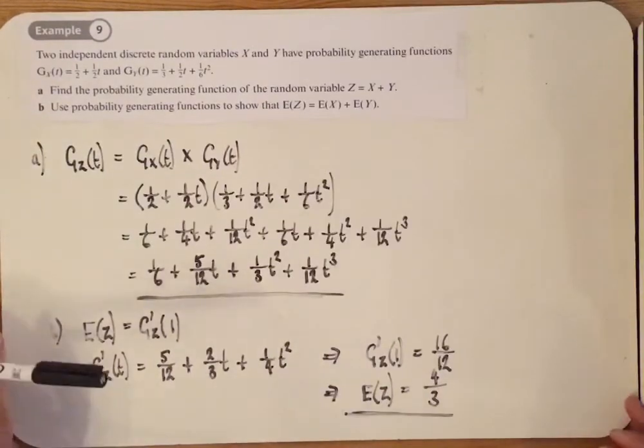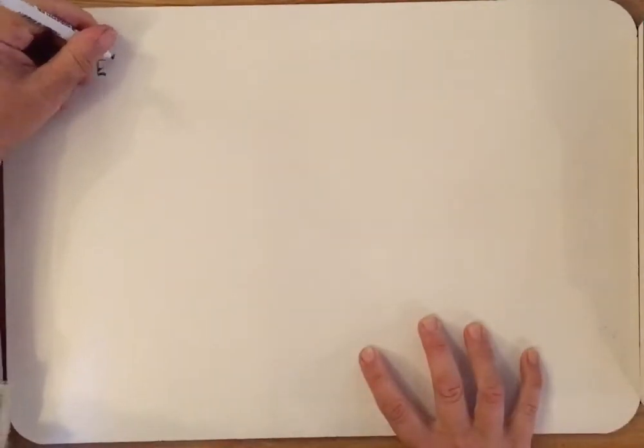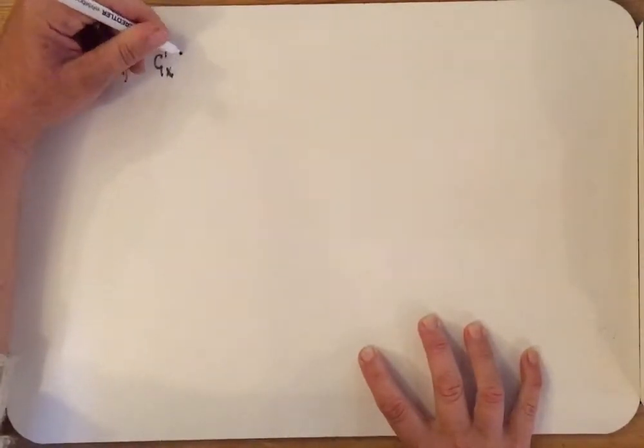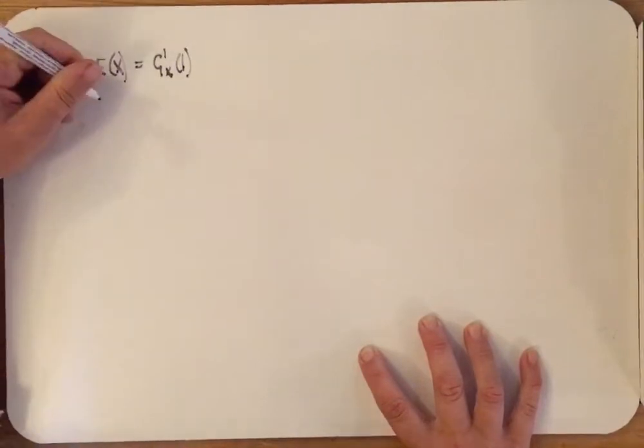And then if we do the same for x and y, so expectation of x is the probability generating function for x differentiated with 1 substituted in.